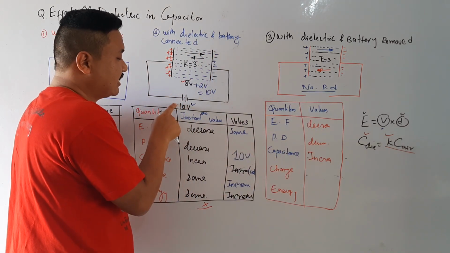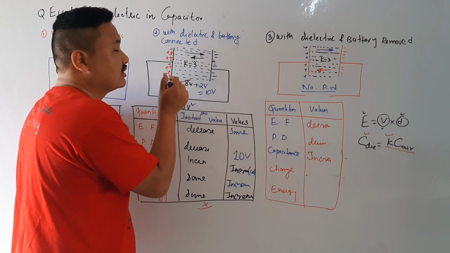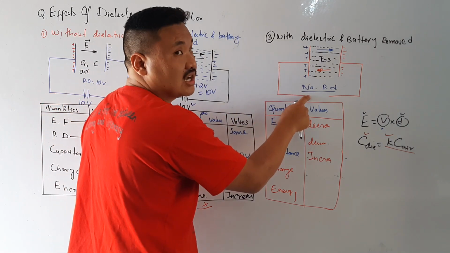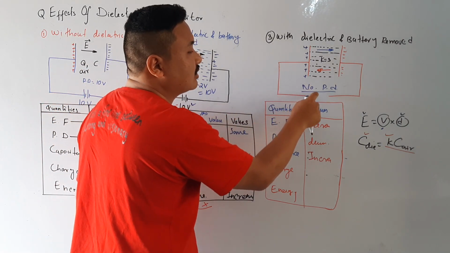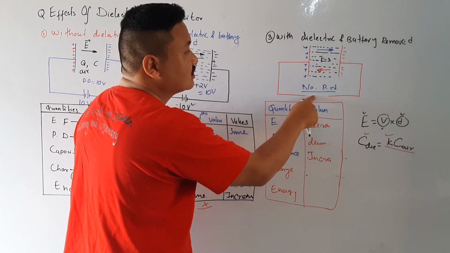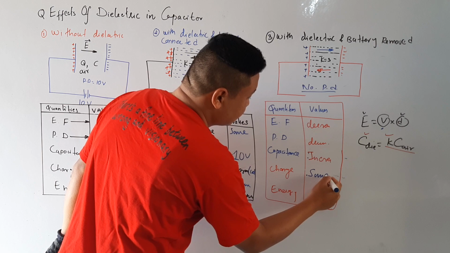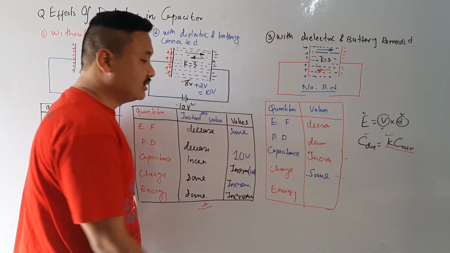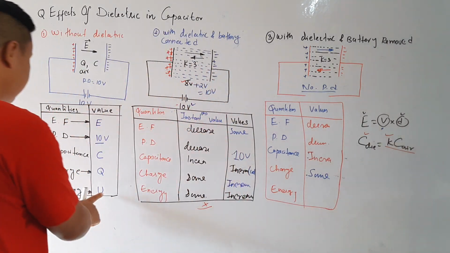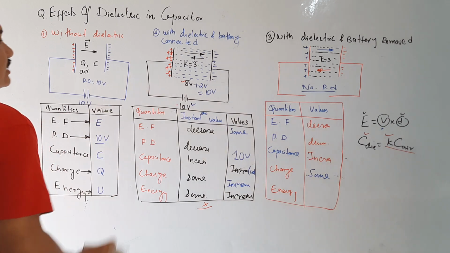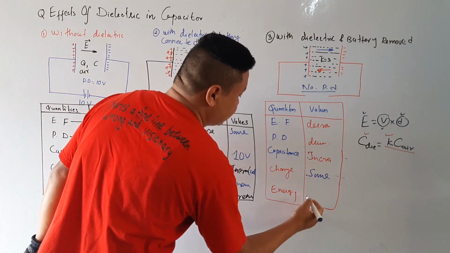Earlier there was 10 volt and 8 volt and the charges were flowing, but now there is no battery, no potential difference, so the charge will remain the same. The energy, which was U, will reduce.